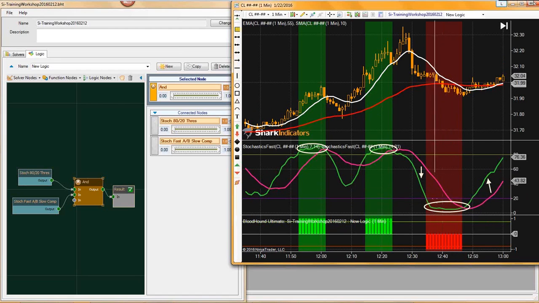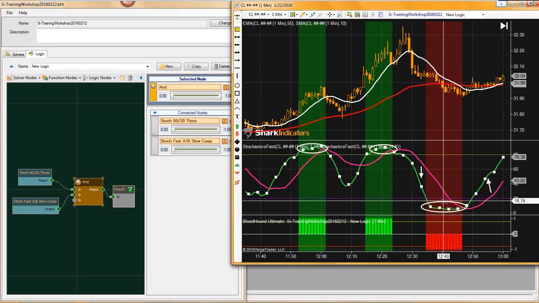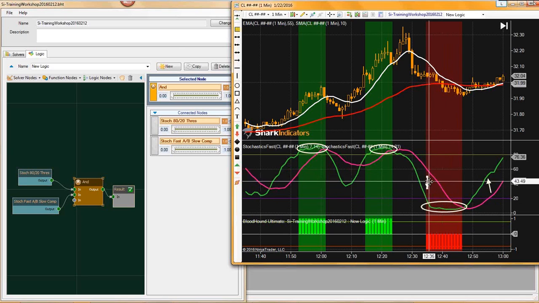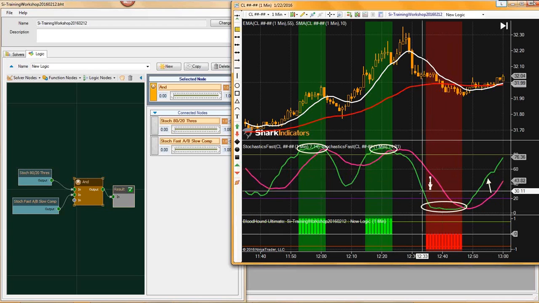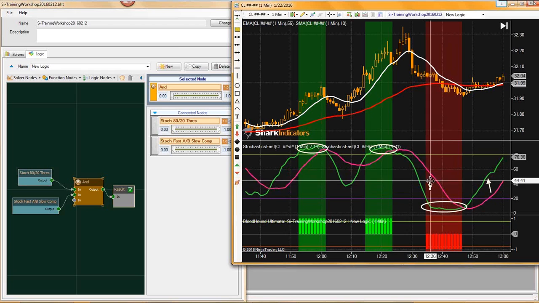So what happens with an AND node is you get the overlap of condition A and condition B. Down here, we have condition A happening because the stochastics is oversold, and at the same time we have condition B happening, where the green line is below the red line.